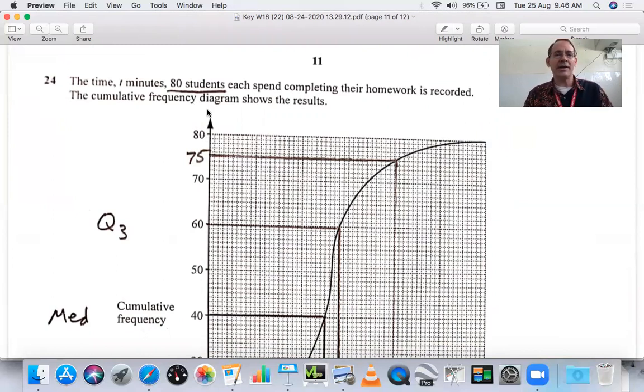You might see like a 100 up here. But make sure you double check with the question and with the height of the graph to know what your high number is. It's actually 80, even if the y-axis goes up here to 100 or above. You need to make sure you know the top of your graph. So it's 80 students.